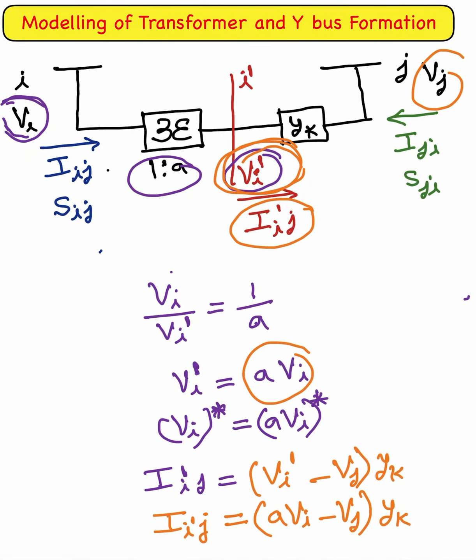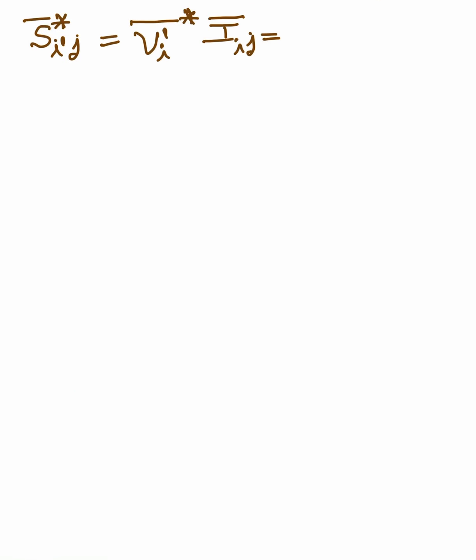Here you have to write the value of Vi dash conjugate is a conjugate Vi conjugate. And we have already calculated the value of I dash j, that is a Vi minus Vj into Yk.